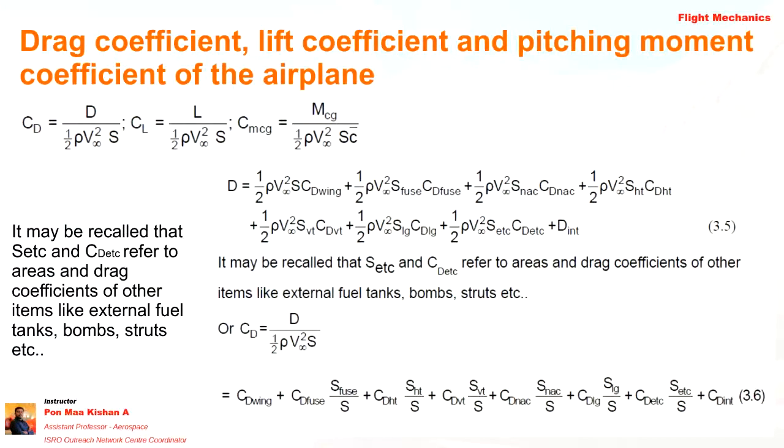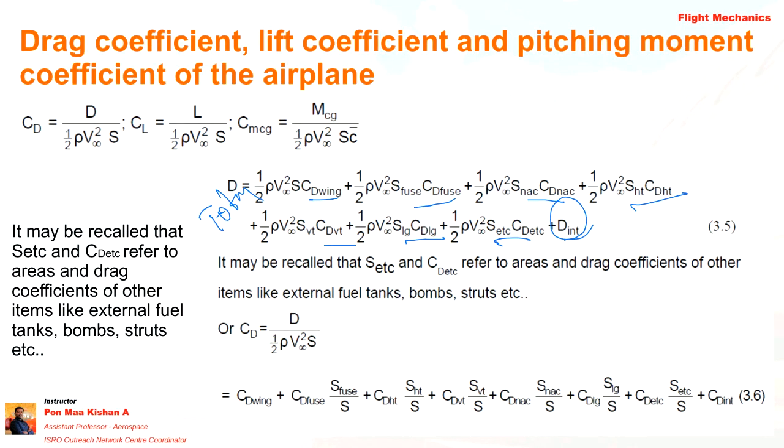So correspondingly, to identify the total drag, we have to include the drag produced by the wing, the fuselage, engine nacelle, horizontal tail, vertical tail, landing gear, and whatever external components we are using, and we have to calculate the drag of interference.